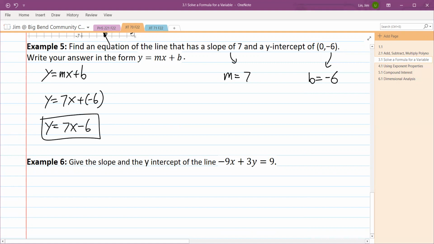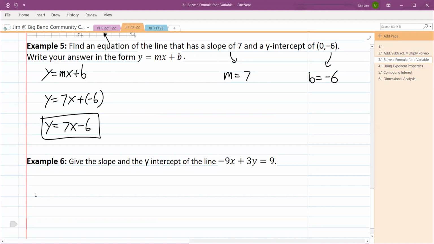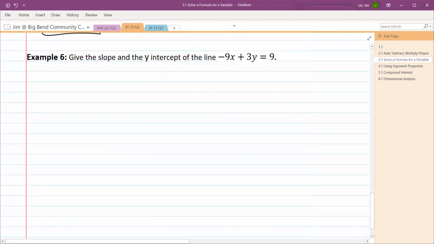All right, last example, give the slope and the y-intercept of the line. This one is a bit tricky, but it's doable.